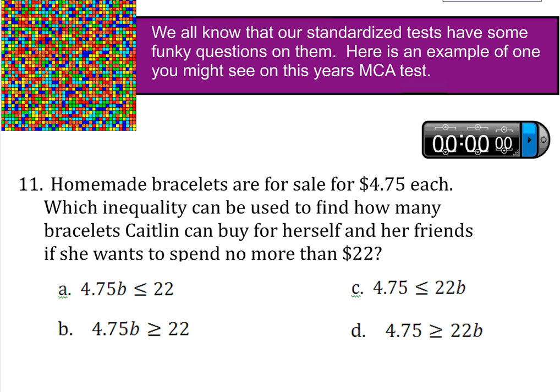Okay, so take a look. $4.75 for each bracelet. You only have 22 bucks to spend. So $22 is your high-end amount. You can't spend any more than $22. But you do get charged $4.75 for each one. So $4.75 times b, where b means bracelets, has got to be less than or equal to $22.